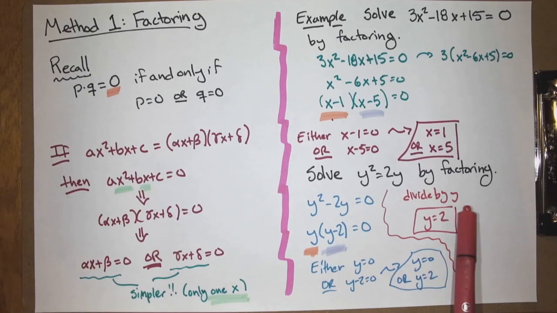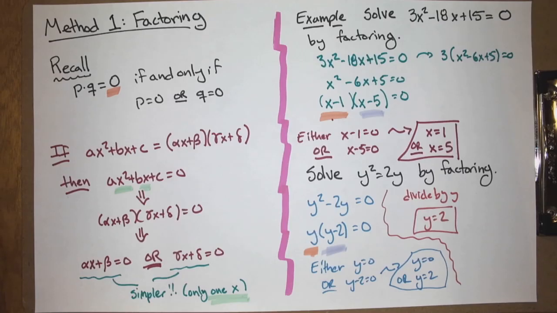Are these the same answers? No. This says there's 2 solutions. This is only finding one solution. What happened? Why did we lose a solution by dividing by y? And what was fundamentally flawed in this approach? You forget about the y equals 0. Okay, it does trace back to y equals 0.